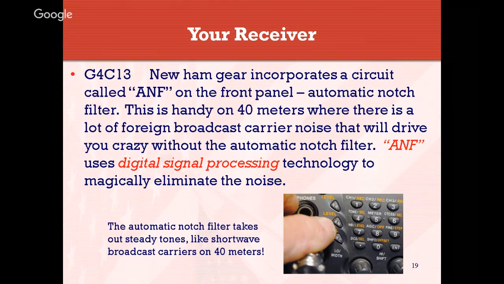Some of these other regions don't have the full 7.0 up to 7.3 megahertz like we do here in region 2. But at any rate, 40 meters is a lot more friendly these days with fewer AM shortwave stations.